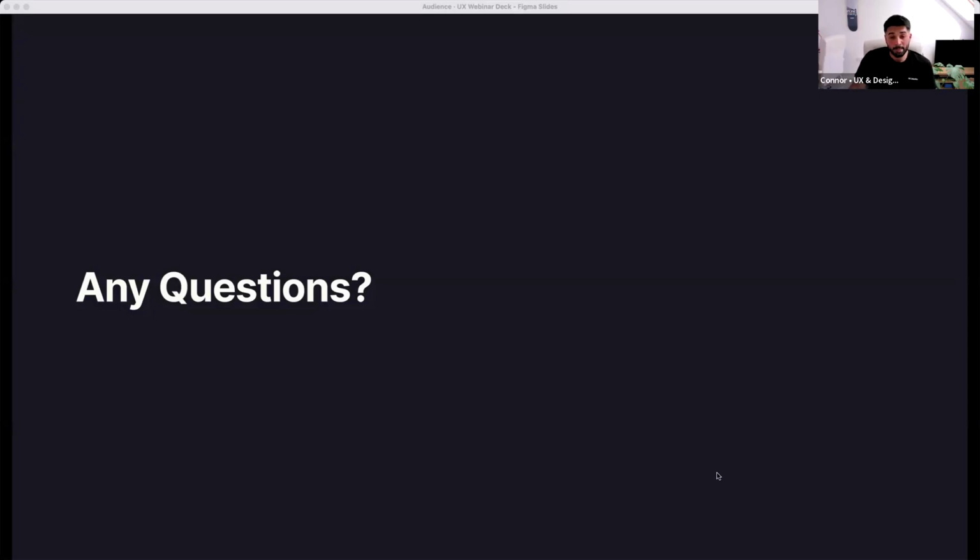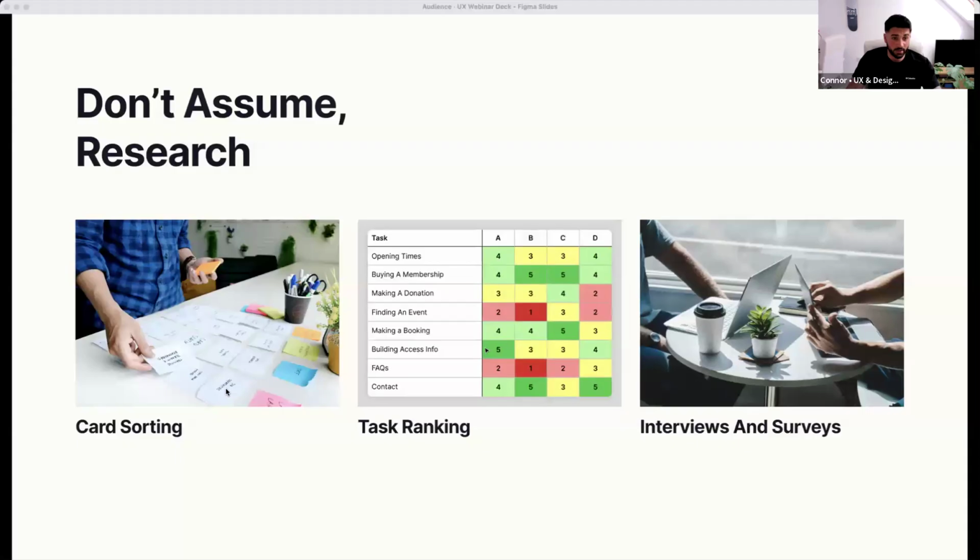But if you did have a venue that people are coming into, you could ask people to use the website in your venue, set up on a device, and use a ranking system such as the task ranking, and just say, can you book an event? Can you access the contact page? And then ask them these sorts of questions and get their feedback on that.